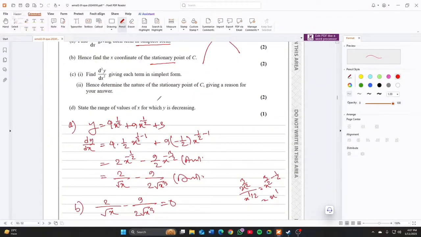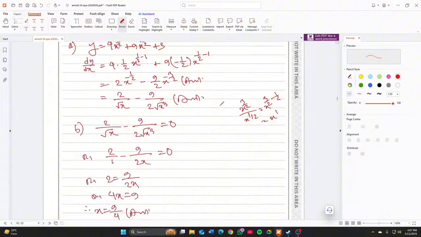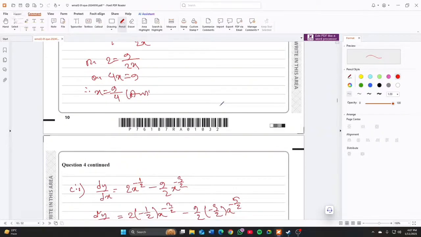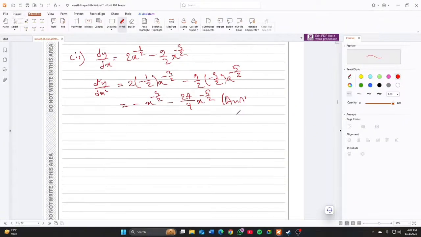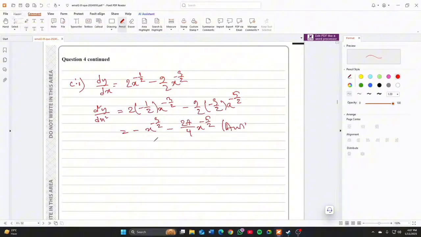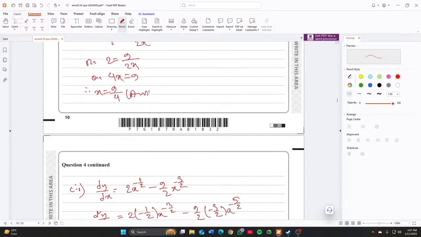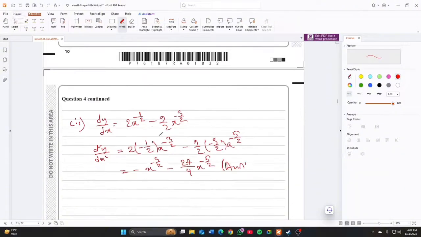And then hence determine the nature of the stationary point of C, giving a reason for your answer. Okay, so to find the nature, what do we do? We just put the value of x that we found for our stationary point in this equation. Therefore d square y by dx square will become minus 9 by 4 to the power of minus 3 by 2 minus 27 by 4, 9 by 4 to the power of minus 5 by 2.